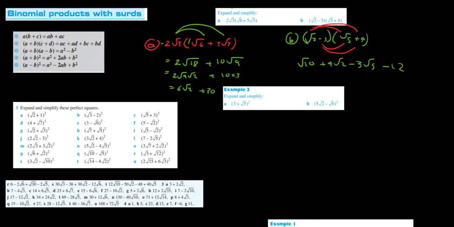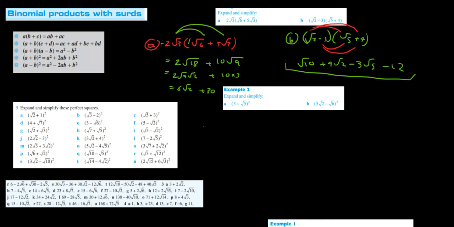Okay, I'm just going to go over that again. The root of 2 multiplied by the root of 5 is the root of 10. Then we get 4 root 2. Then we get negative 3 root 5. And then we get a negative 12 on the end. Cannot simplify that. Cannot simplify that. So we just leave it.